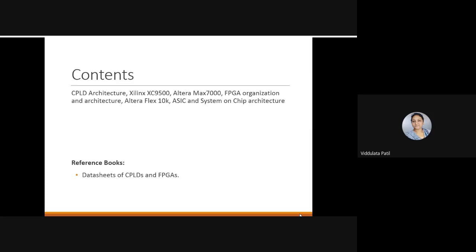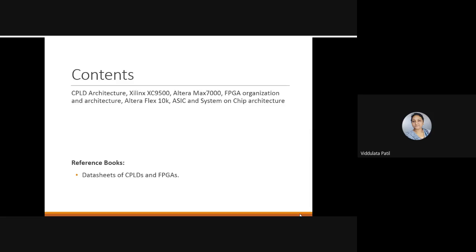Then in that, we are going to discuss a commercially available device, that is Xilinx XC9500. Also, we are going to discuss Altera Max 7000. Okay. Then after that, we are going to discuss FPGA organization and architecture. So that is FPGA, that means field programmable gate array. So we are going to see how it is organized and what is the architecture of that FPGA.